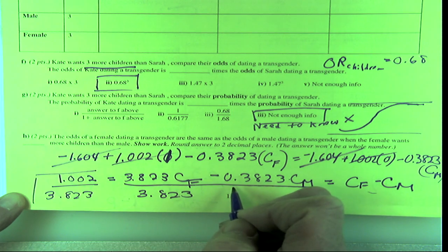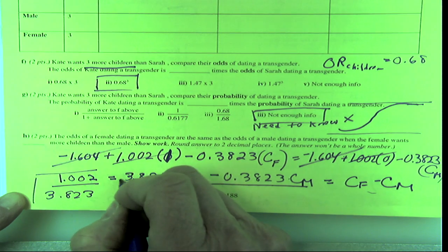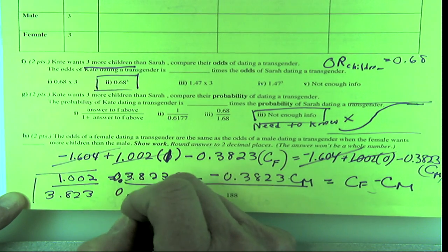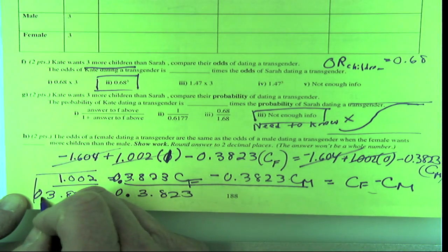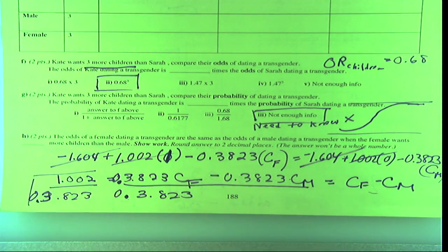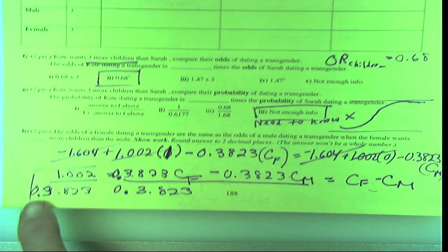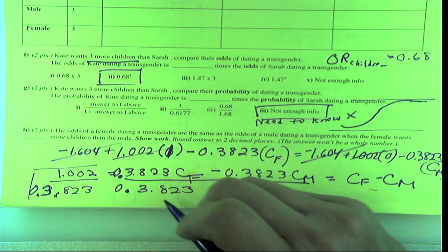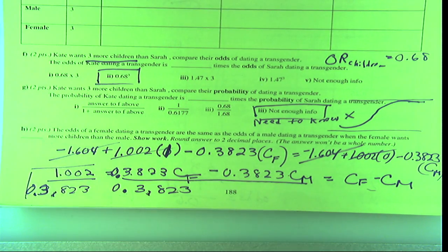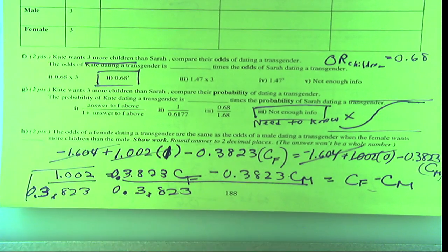And look what I did. I'm so sorry, I miscopied that. It's 0.3823, there's no decimal place there. So we have 1 over 0.3823, and our answer is just whatever that is.